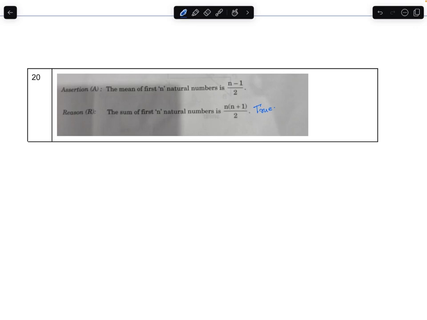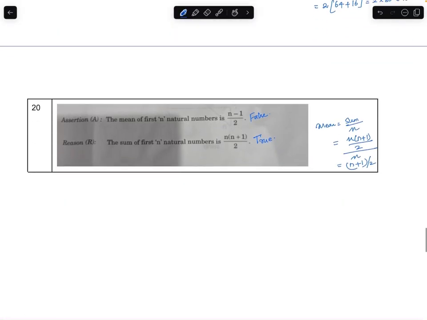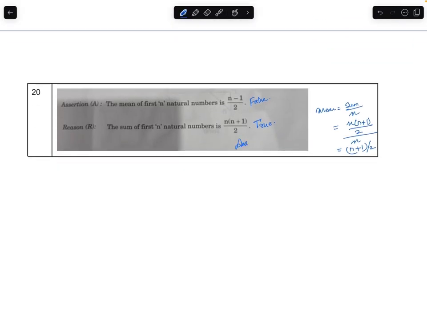Now from this, mean is nothing but sum upon the total number of entries, which is n. So n into (n plus 1) by 2, divided by n, which has to be (n plus 1) by 2. So the assertion is false. Assertion is false and reason is true. So the answer is D.